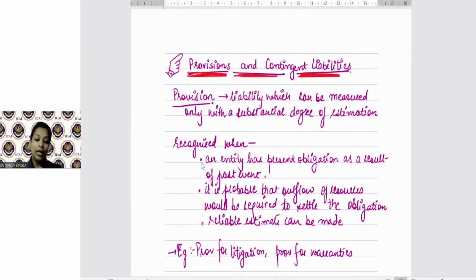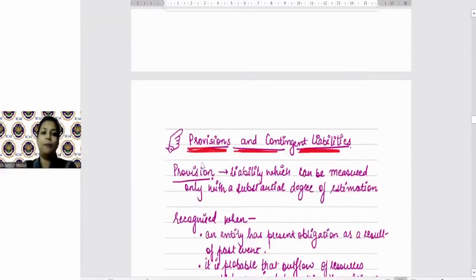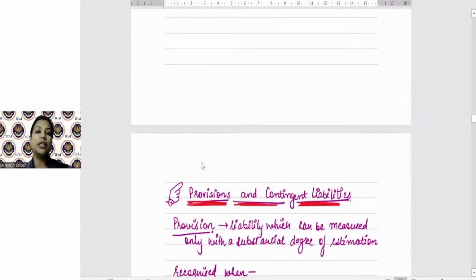Okay. Now, with respect to provisions and contingent liability, I'm sure that you have an understanding as to what is a provision and what is a contingent liability. Okay. So, abhi, since we are not having much time, abhi I'm not taking in detail as to what is a provision, contingent liability. So, jitna bhi aapko idea hai with respect to provision and contingent liability, now visualize yourself in a situation कि आपको provision check करना है.